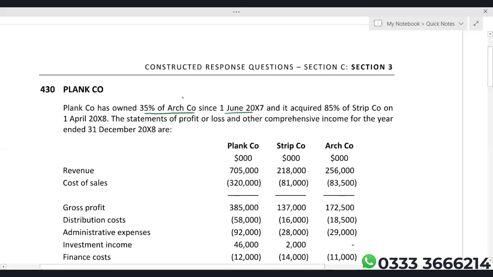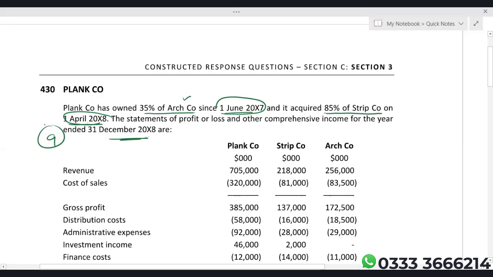So ARC is an associate, acquired on 1st June X7, way back, because the current year is X8. Blank company acquired 85% of Strip company on 1st April X8. If you count the time period from 1st April X8 till December X8, it's 9 months.